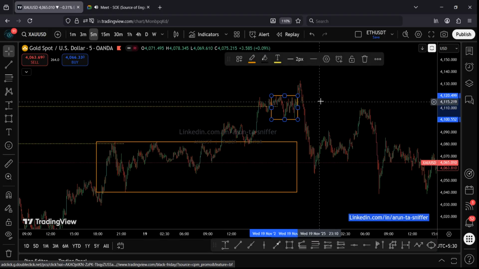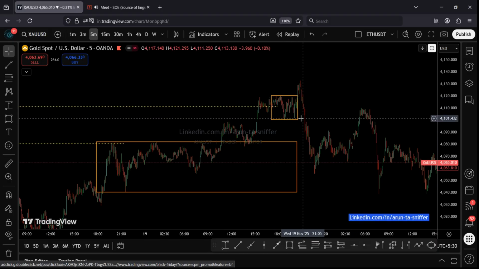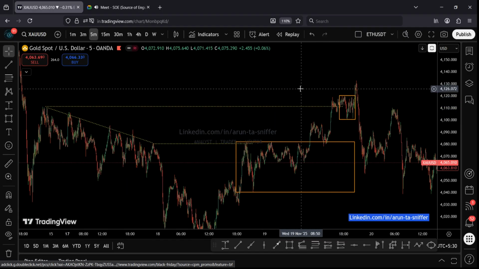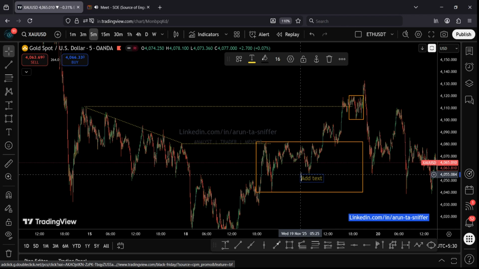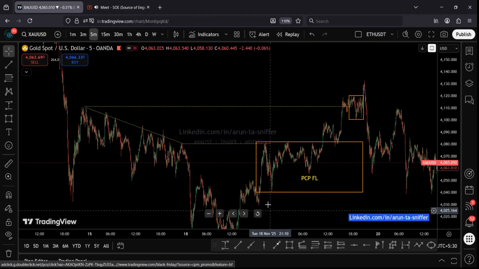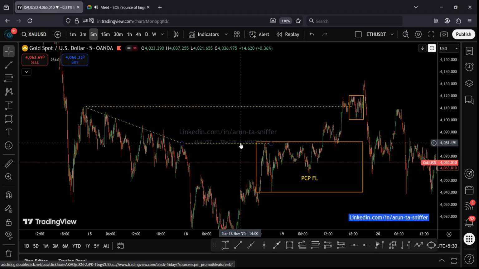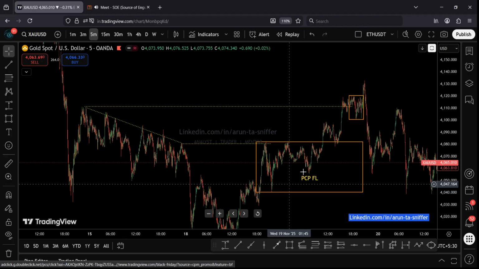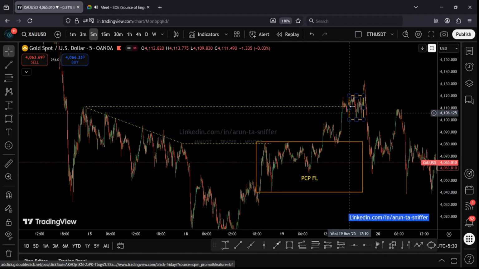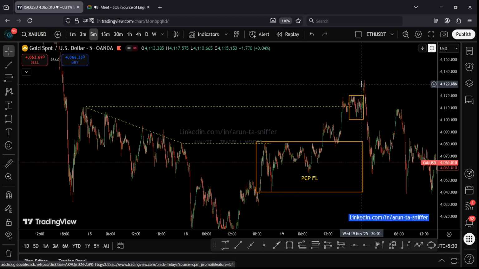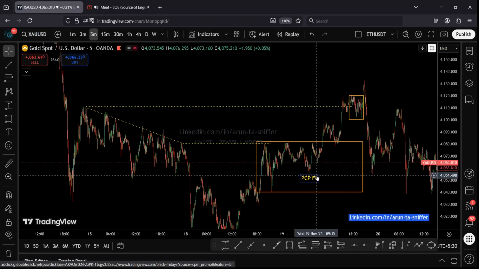ECP was also able to send the price to the target. The main thing here is PCPFL. Why PCPFL? Price crossed this PCP level, pulls back, goes up, comes down. This held the price, and price goes back to the target. So this is PCPFL.